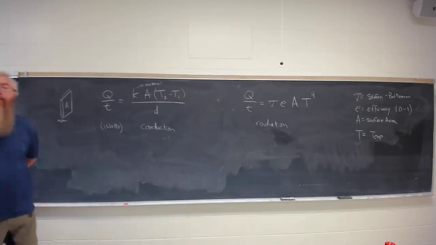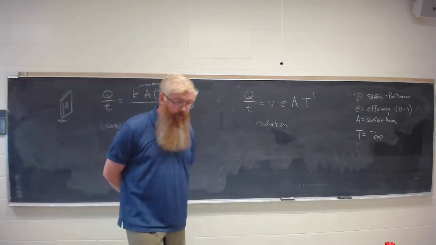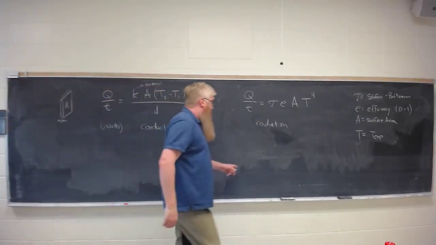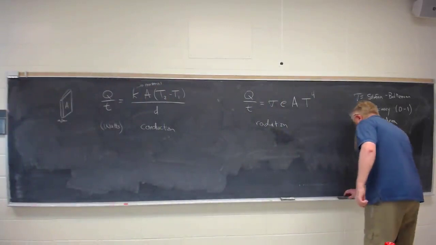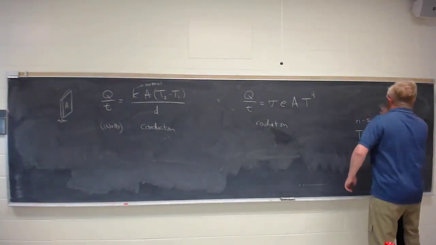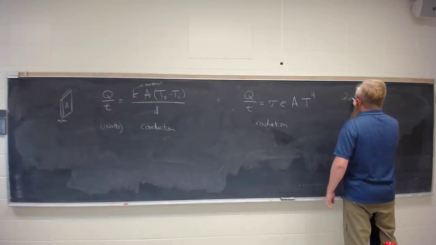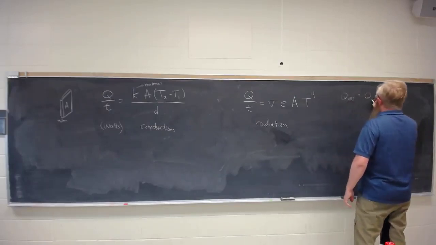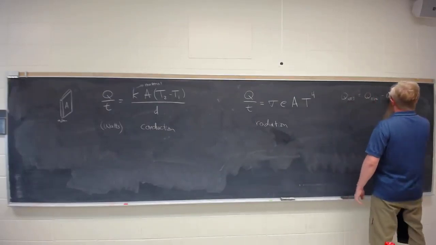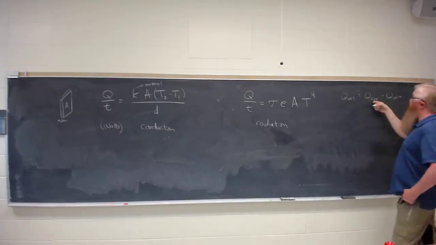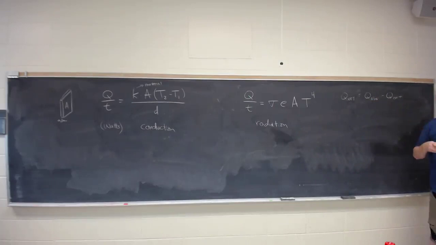Yep. So there's an equation given for radiation in the book that's Q net. Oh yes, it almost looks identical to this, except Q net is Q absorbed minus Q emitted. Right, so if you absorb more than you emit, your heat will go up.